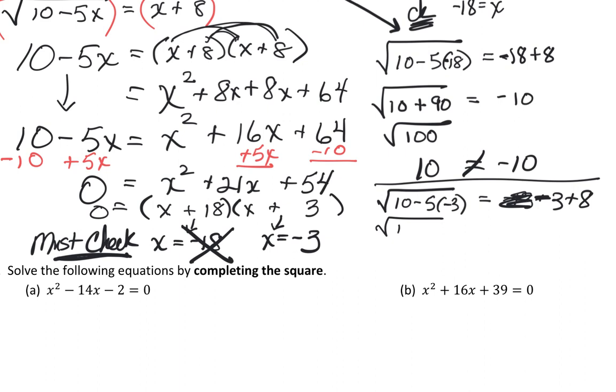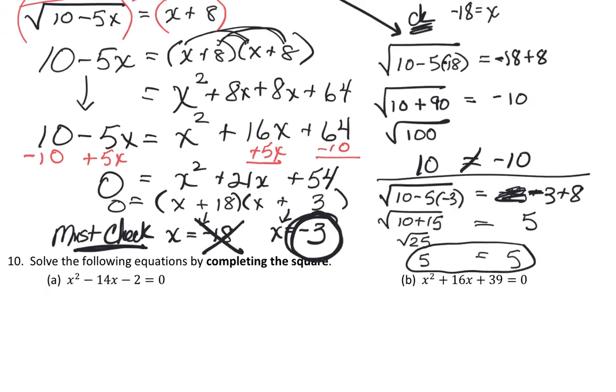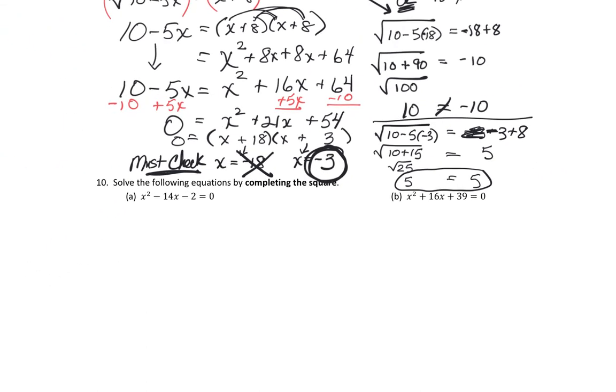Left side, we got 10 plus 15, which is 5. And right here, we have negative 3 plus 8 is 5. 5 equals 5, which means it works. So my final answer, there's only one that works, which is negative 3. Okay? I kind of scribbled all over that. I apologize. We're going to keep moving.